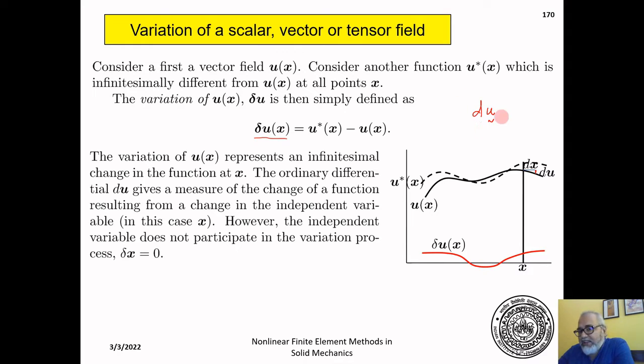So du is actually a number. Given dx, you can find du. Whereas delta u(x), the first variation of u, is itself a function. And in fact, if you change the independent variable, the variation of x will always be equal to 0. There's no variation in x possible. You can only vary the dependent variable, which is u(x).